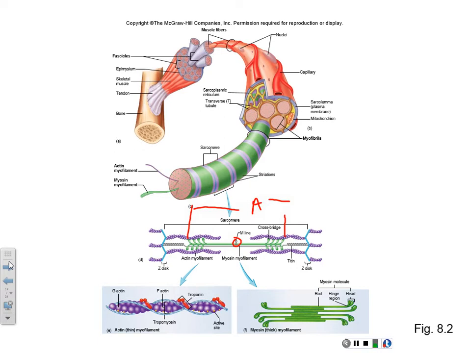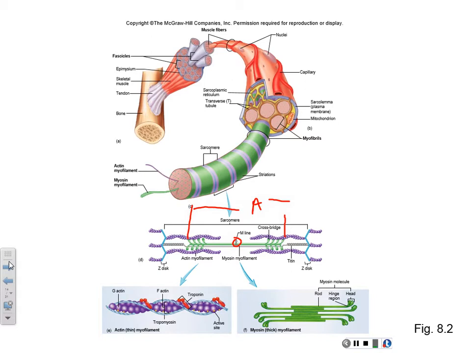So when I say which of these bands change length, then I'll say I band, A band, H zone. A band doesn't change. It stays the same. It's only the I band that's going to disappear when the Z line is moving towards the myosin. Okay? And it was in your module again in terms of describing this I band.